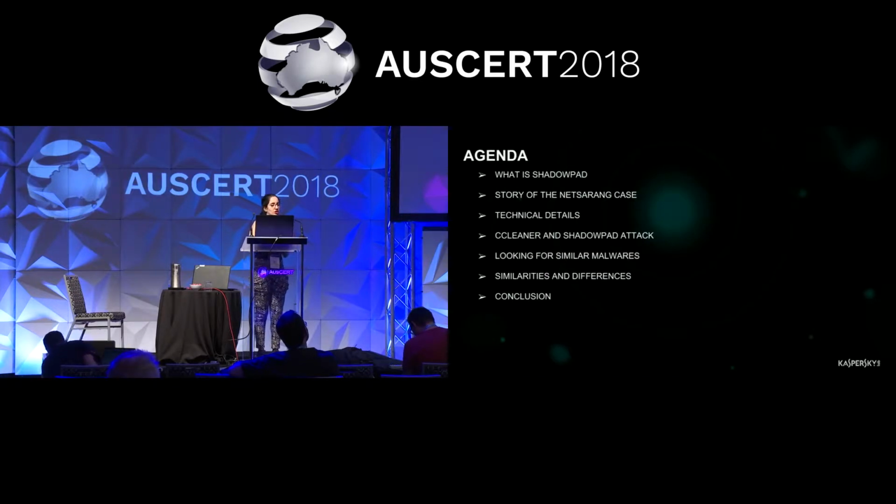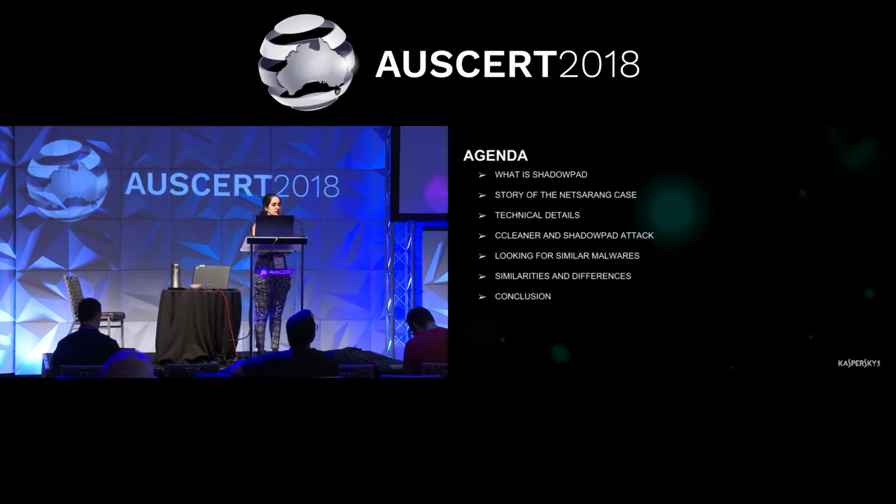So moving on, let's talk about my presentation today. I'm going to talk about the attack which is called Shadowpad. First of all, we will see what Shadowpad is and why it is important. And then the story of the first case of Shadowpad that we discovered and worked on.